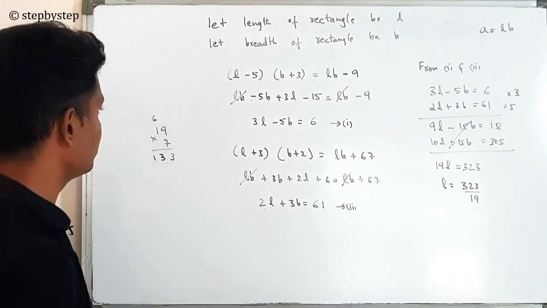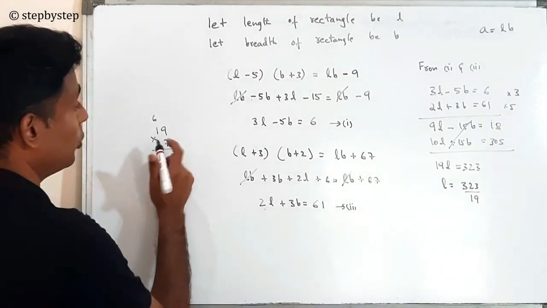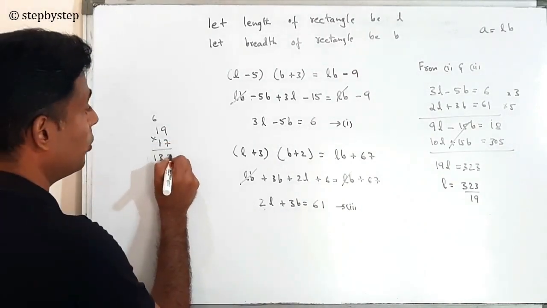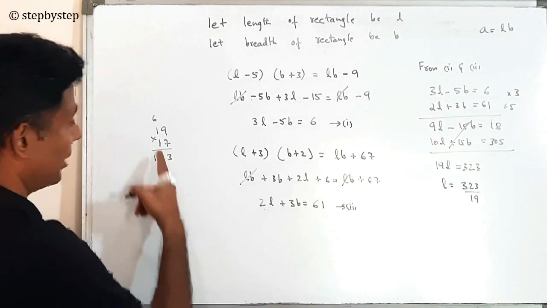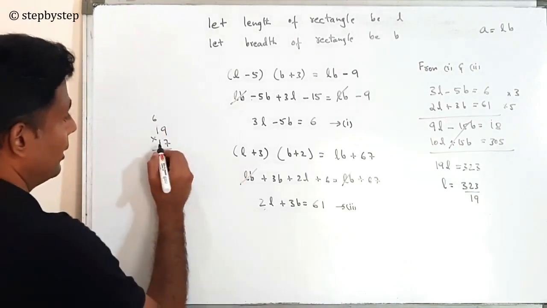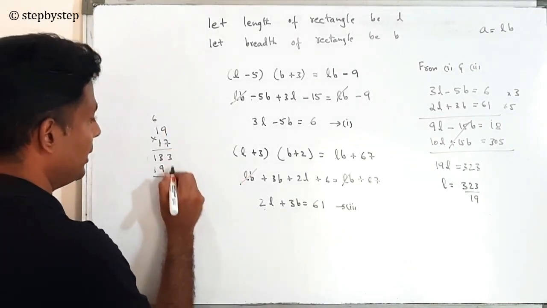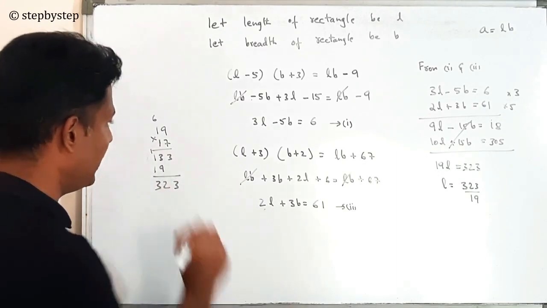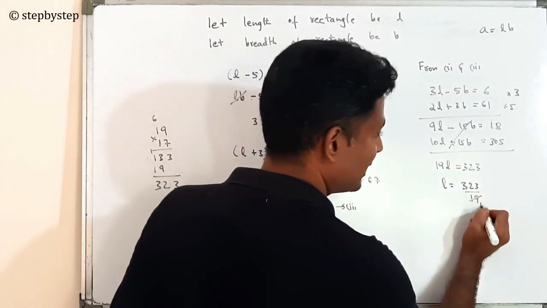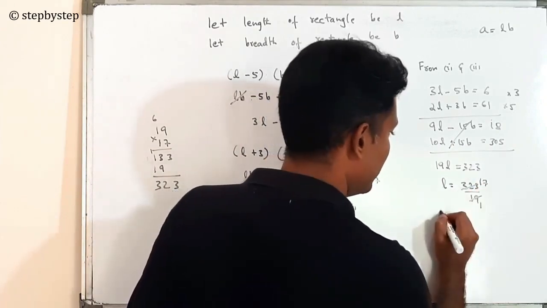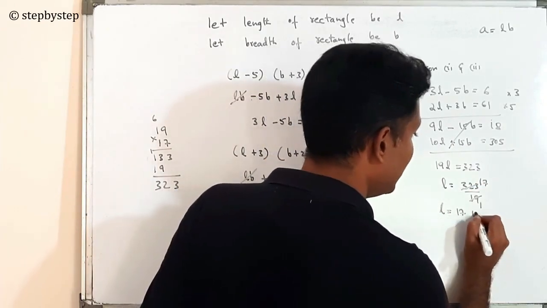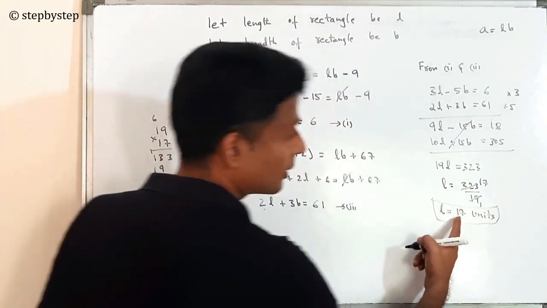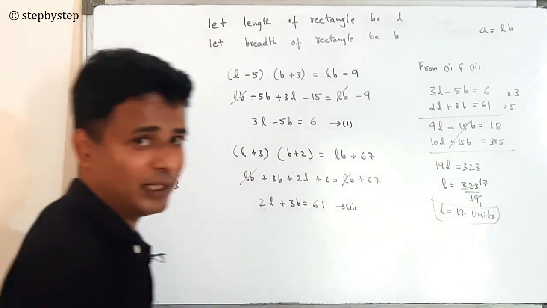Oh, sorry, I have to do 19 into 17. I'm very sorry. Yeah, I'll do 19 into 17, because into 7 it's much lesser than that. So 19 into 17 gives 323. So L equal to 17 units. Don't forget to write this word units. So you got L equal to 17 units.